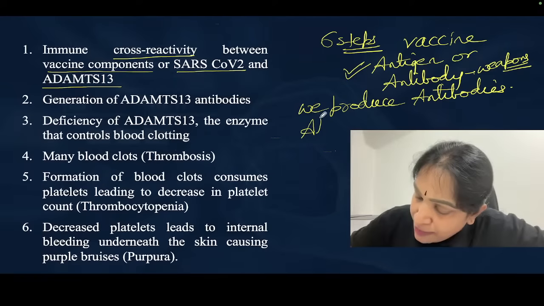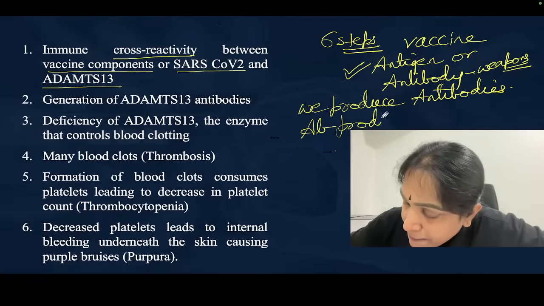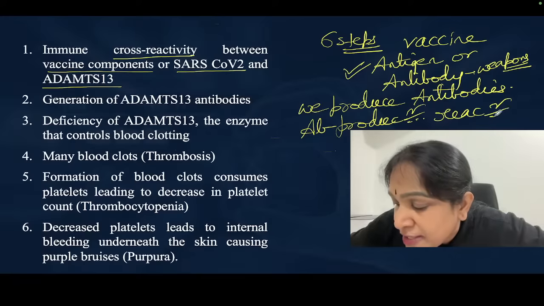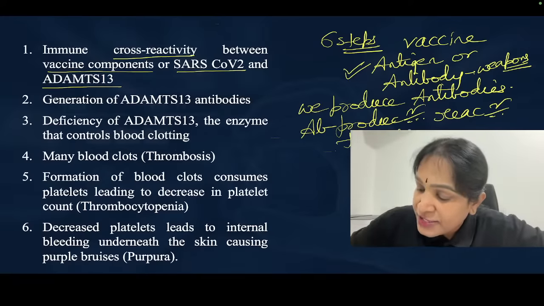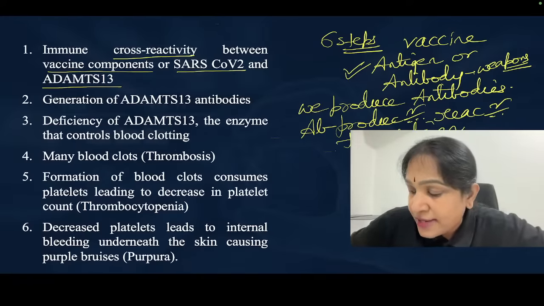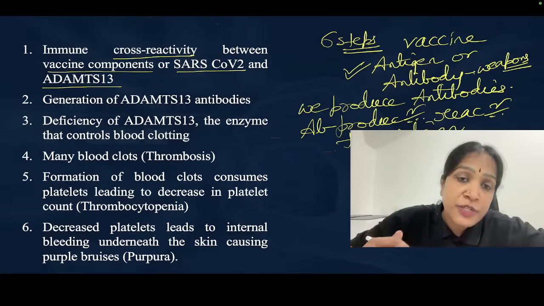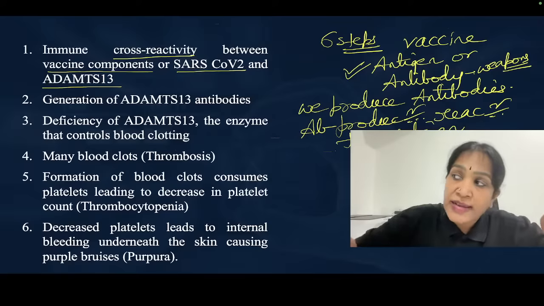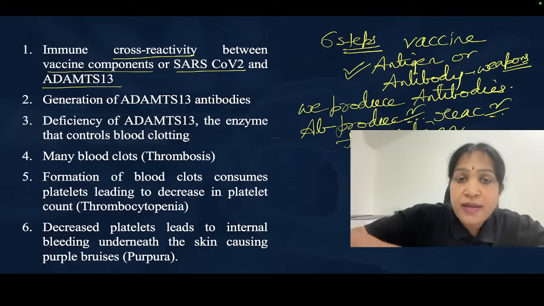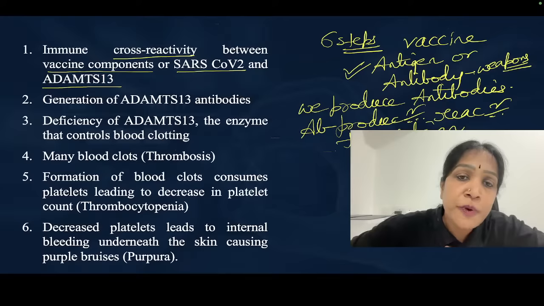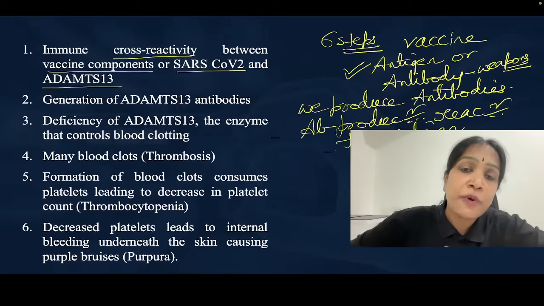Because antibody production is a reaction to antigen. Antibodies are produced when they get exposed to the antigen. Antigen entry is action. Antibody production is reaction. So how can you produce polio antibodies before you get polio?